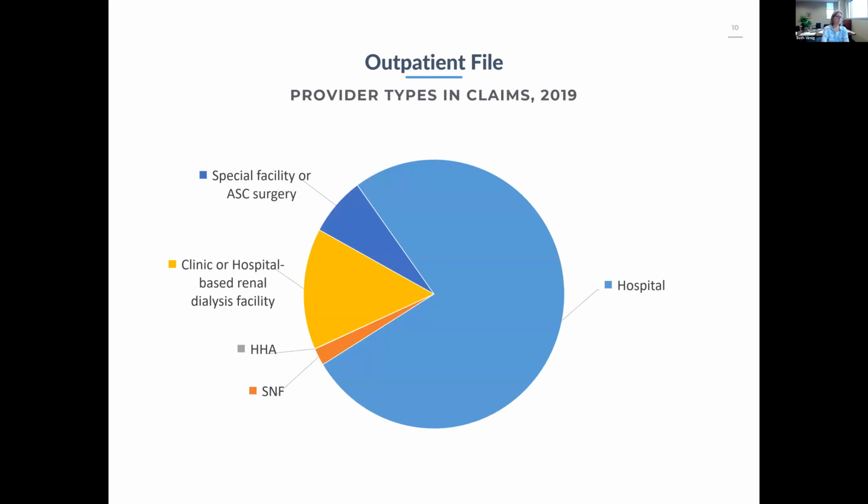So when we think about the outpatient claims, because this is hardest, you'll notice that almost all of the claims are actually from hospitals. Hospitals do Part A, hospitalizations are Part A benefits. So these are from hospital departments that provide Part B benefits, but the hospitals themselves are also Part A providers.